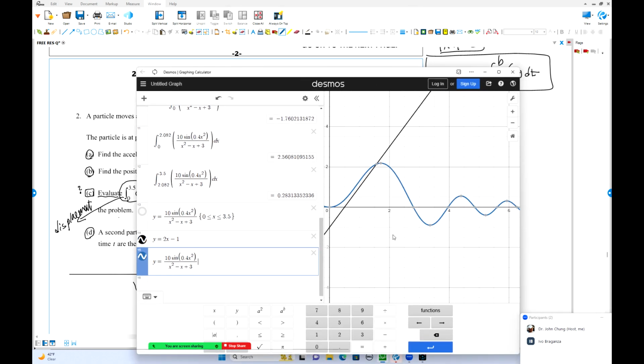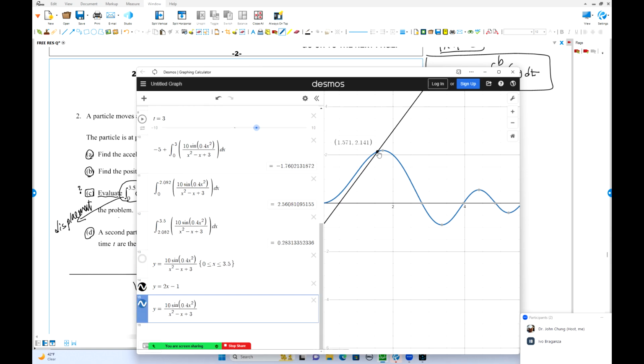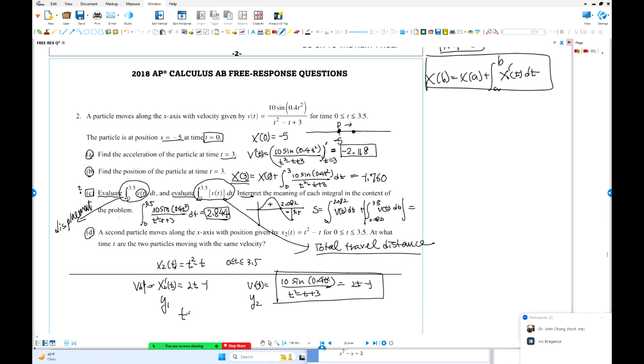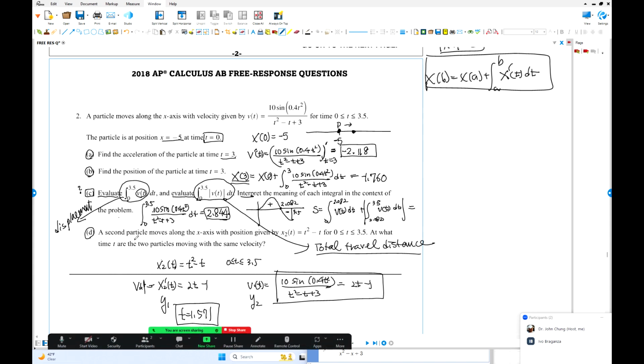Where is the intersection over here? This point. Okay, at this point, 1.571, they have the same velocity, right? Can you see it over here? Yeah. 1.571, they have the same velocity, okay? So that's this. T equals 1.571, okay? Okay, that is the number D.